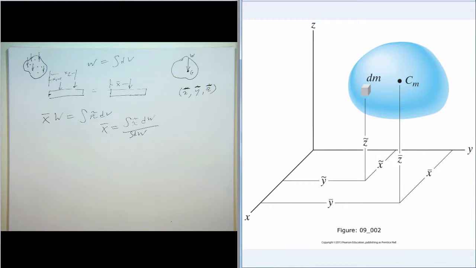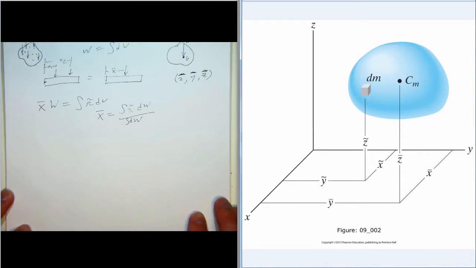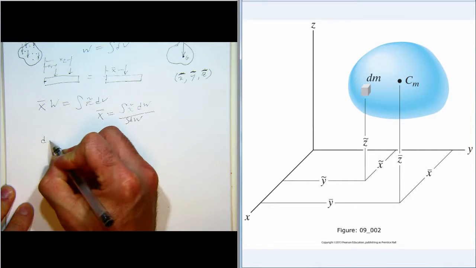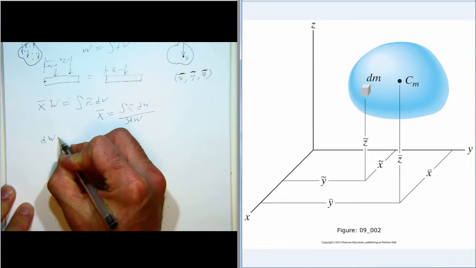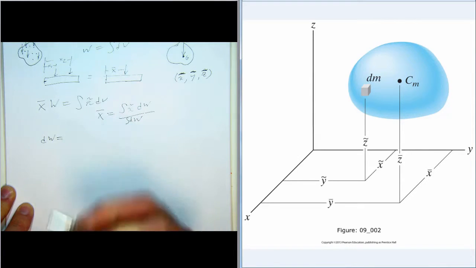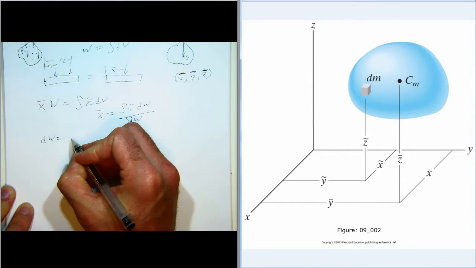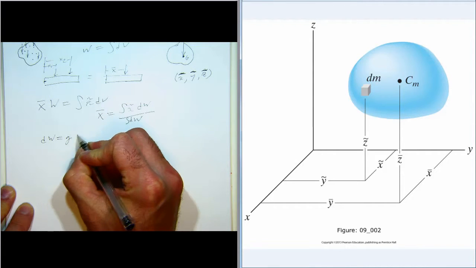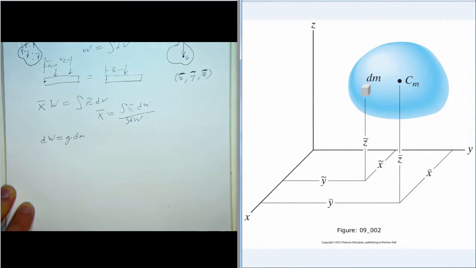So that's how we locate the center of gravity, where the force acts. And then for the center of mass, if we want to find out the average location of all the mass, then we can use the relationship for an infinitesimal particle. Its weight is given by gravitational acceleration times the mass of that particle.